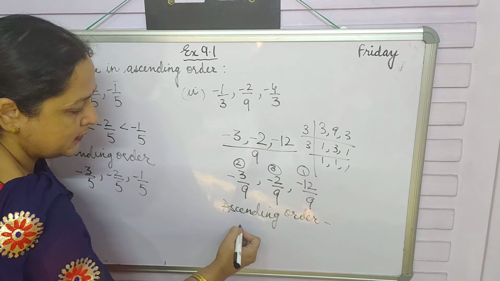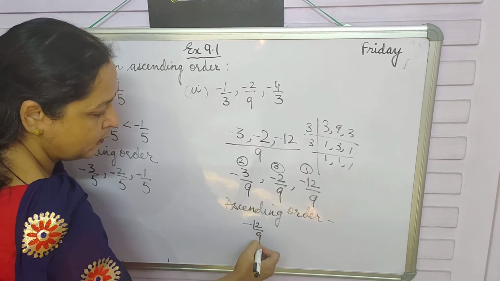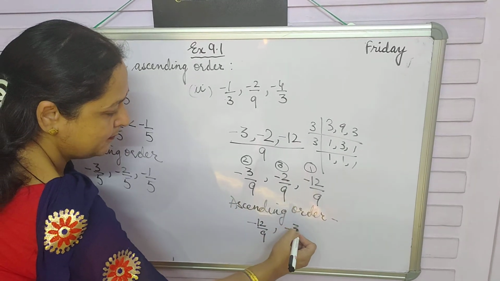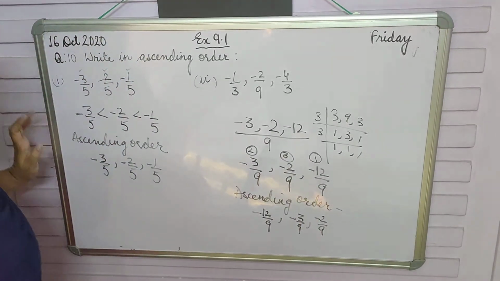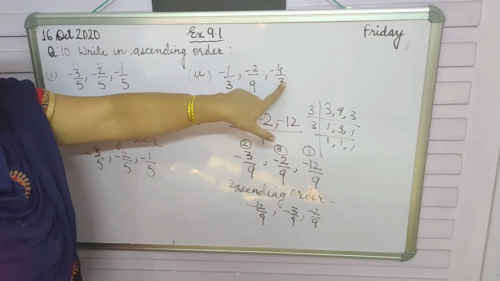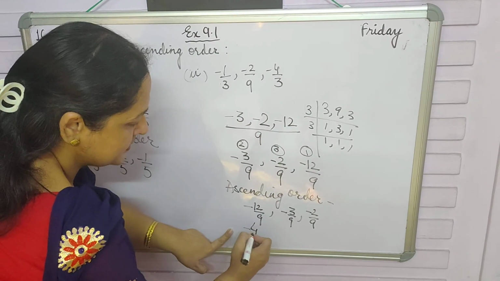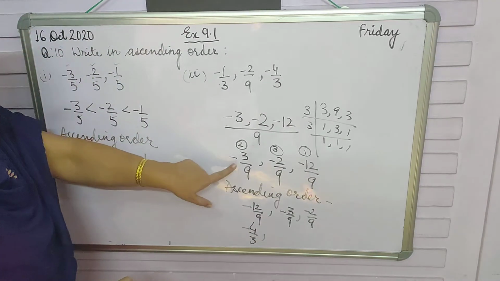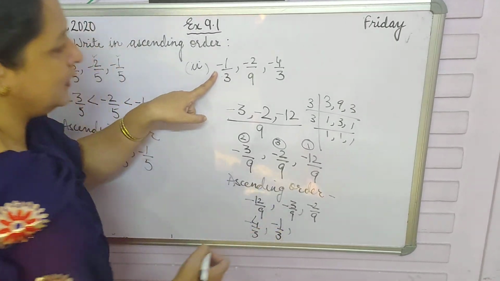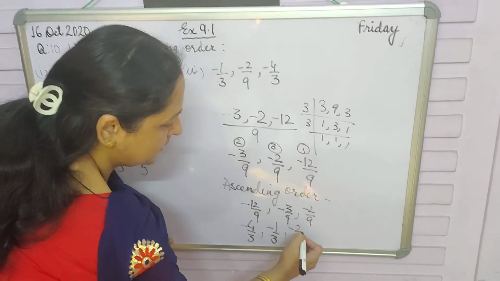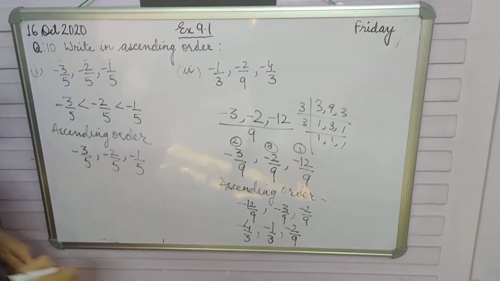So the smallest one is minus 12 upon 9. Next is minus 3 upon 9. And last one is minus 2 upon 9. So the smallest one amongst these is minus 4 by 3. Then the next one is minus 1 by 3. And the greatest one among these is minus 2 by 9.